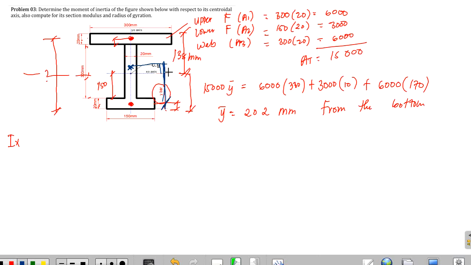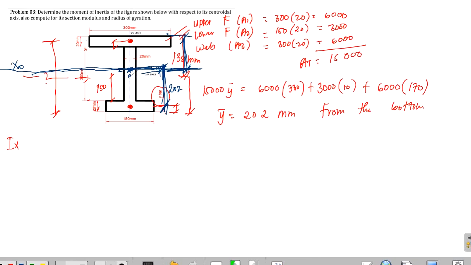That is our y bar, 202, and this is our 138. The diagram is wrong here; this will now be our x-axis. This is 102, the centroid of the web.